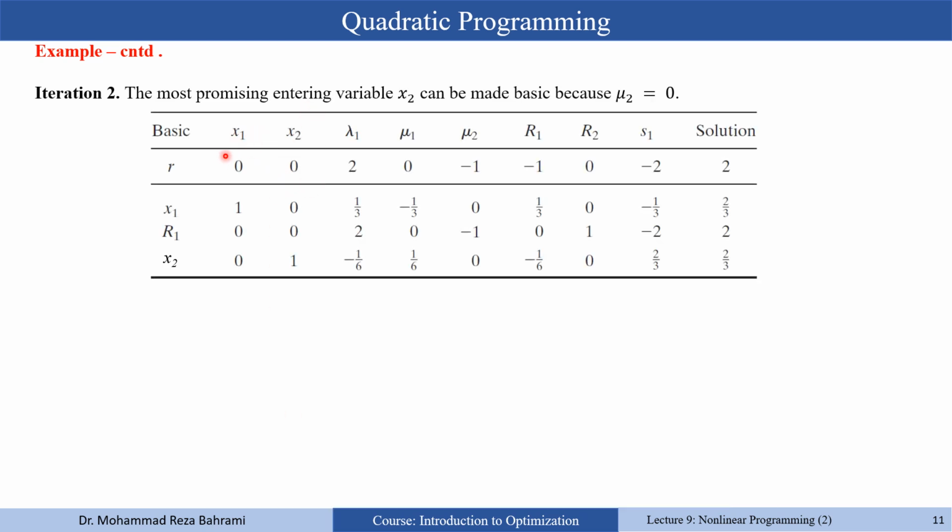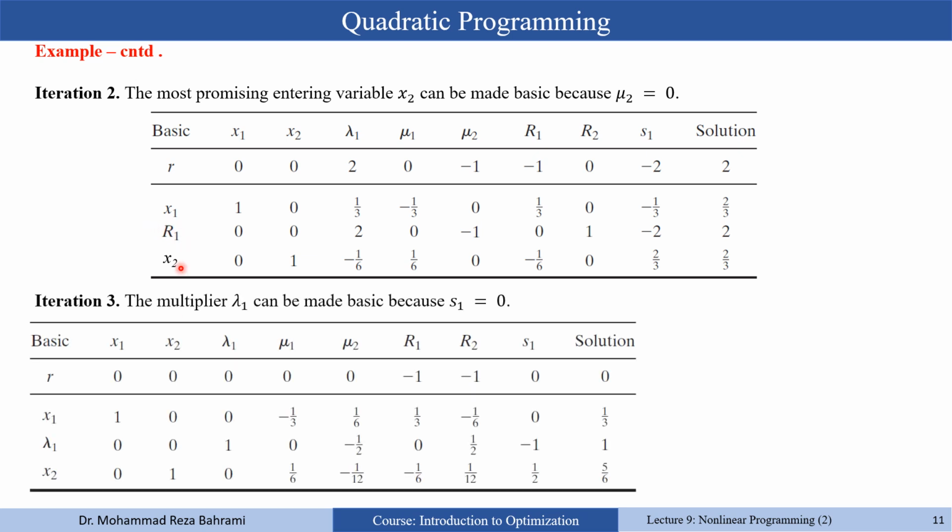As you can see, we have a value for x1 and x2, but we do not finish here because, as you remember from phase 1, r should go to 0. But it's still not 0, and we still have one positive variable here. So lambda 1 enters. If you make the calculation, you can see that R1 leaves.